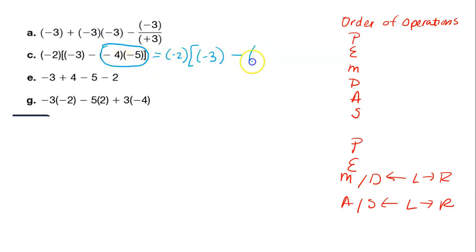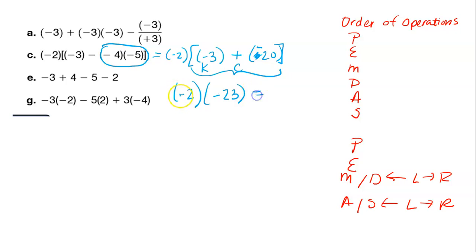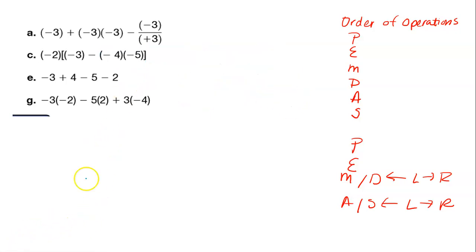So negative times a negative gives me positive 20. Then I'm going to do this operation. So my negative 2 is still just hanging out there. I can't lose that. Negative 3 minus positive 20. So I'm going to keep, change, change. So that's negative 3 plus negative 20, which gives me negative 23. Then I'm going to multiply negative 2 times negative 23, giving me positive 46.